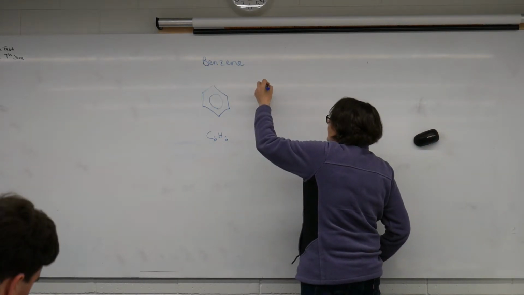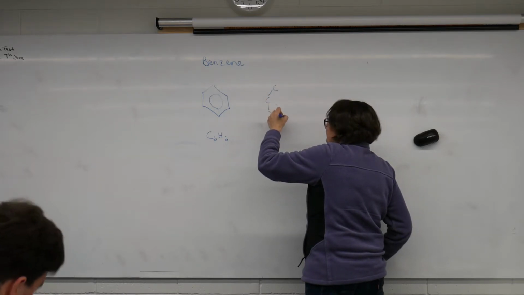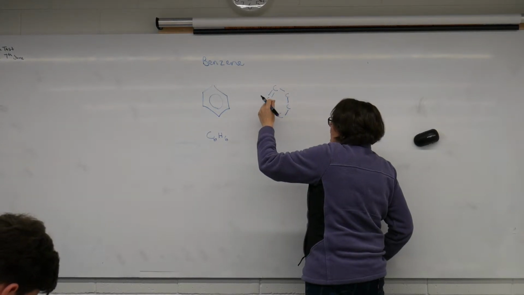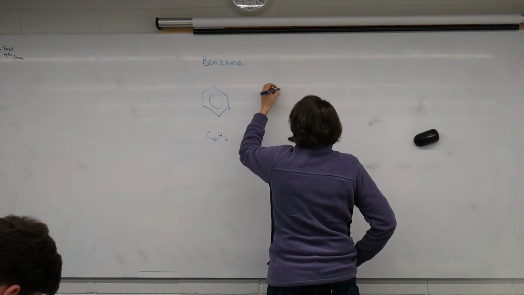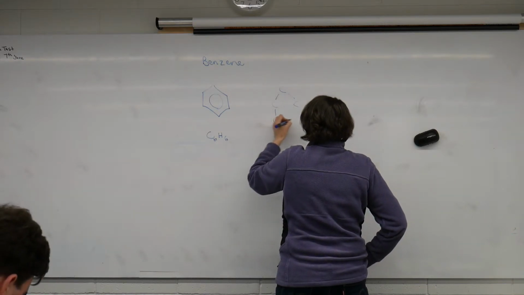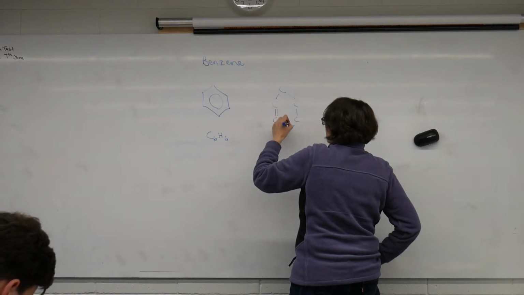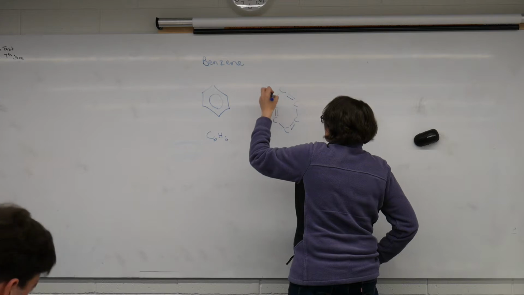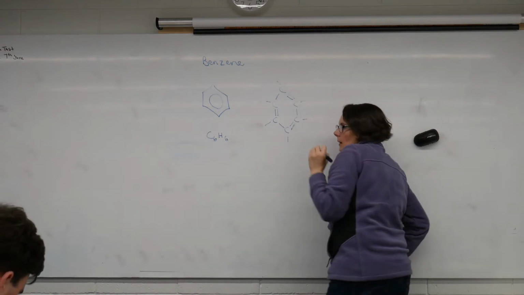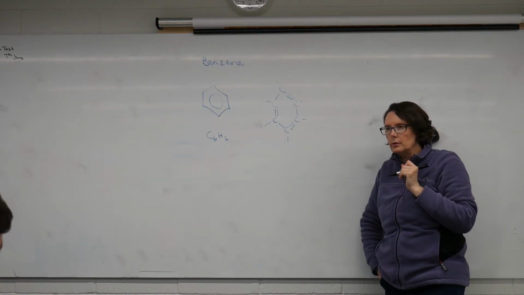If we were to write it out with our bonds the regular way, we would do that. Okay, we would draw it out as alternating double and single bonds.